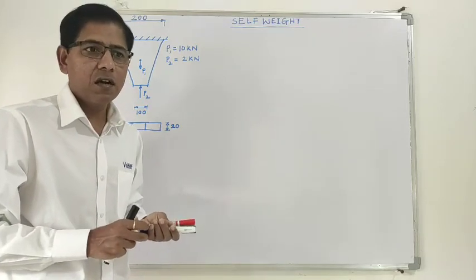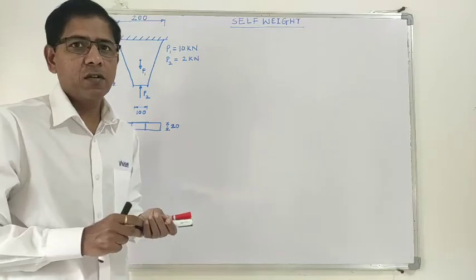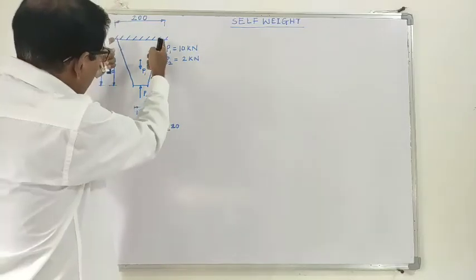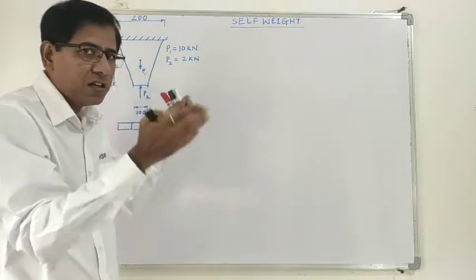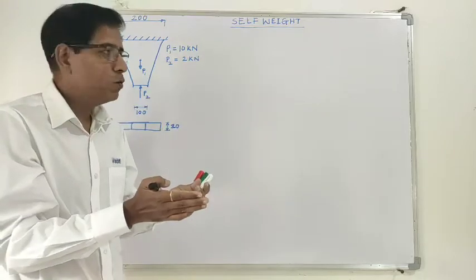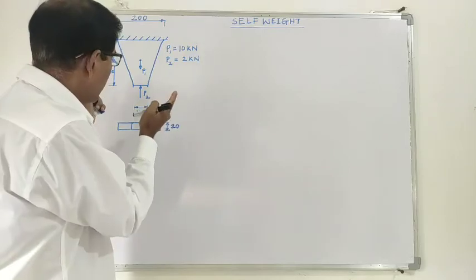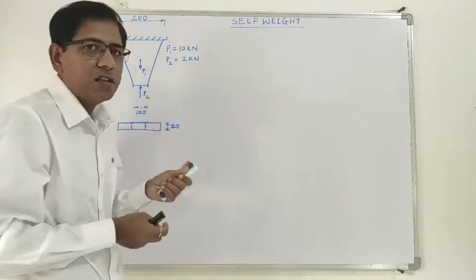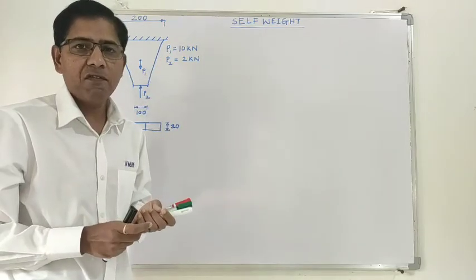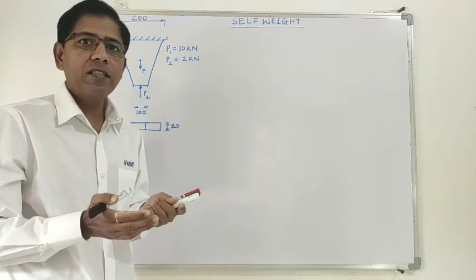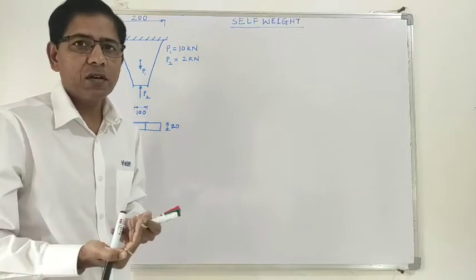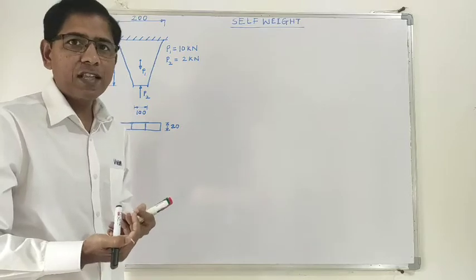But here the cross-sectional area is constantly getting reduced throughout its length. So first we'll convert this wedge-shaped plate into a step shaft or step plate, and then we apply the finite element method for solving that problem.